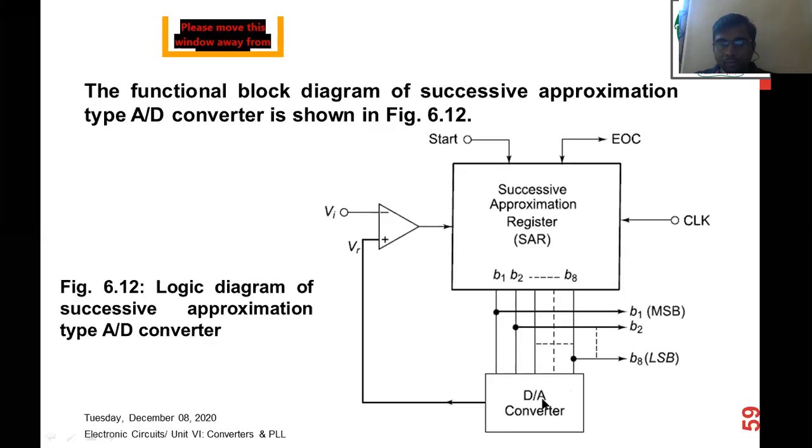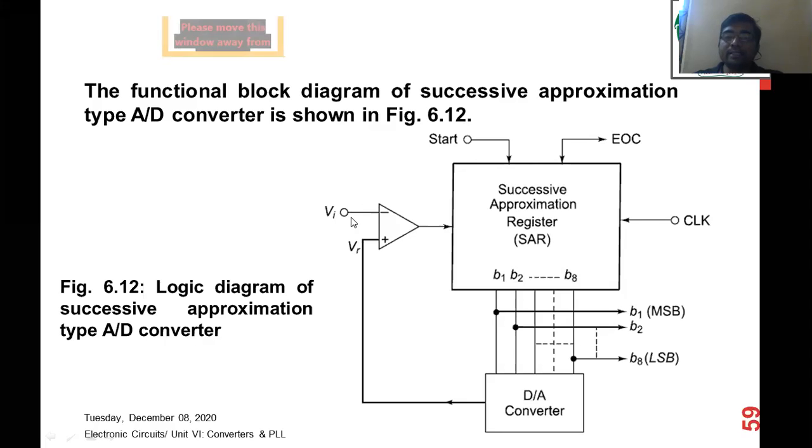Now it is given to the digital to analog converter, and the analog output of the D to A converter is nothing but a reference voltage that is applied to the non-inverting terminal of the comparator, and compared with the unknown analog input voltage. In the way we have discussed, conversion is performed.